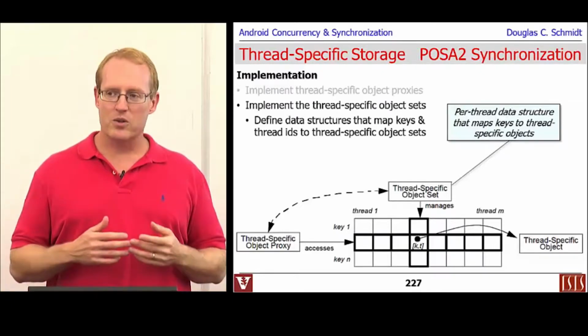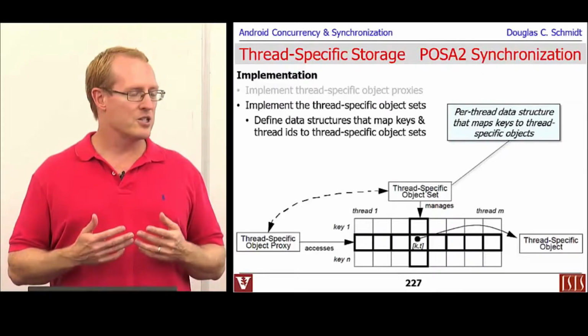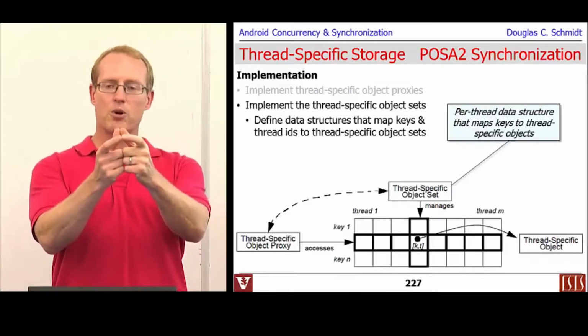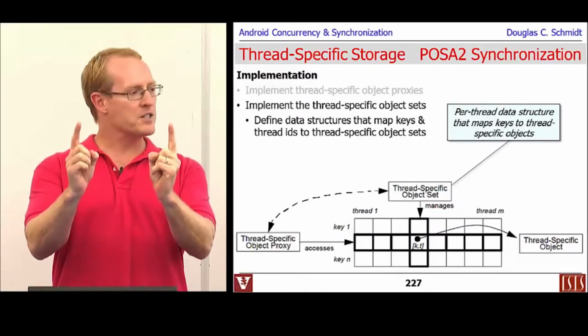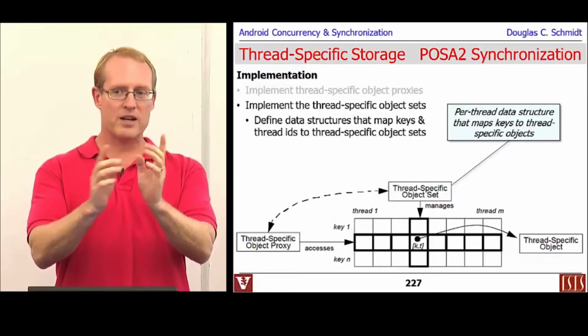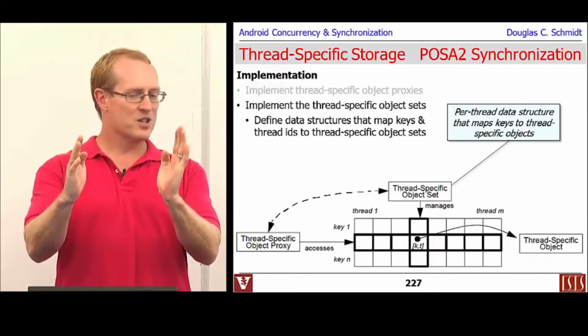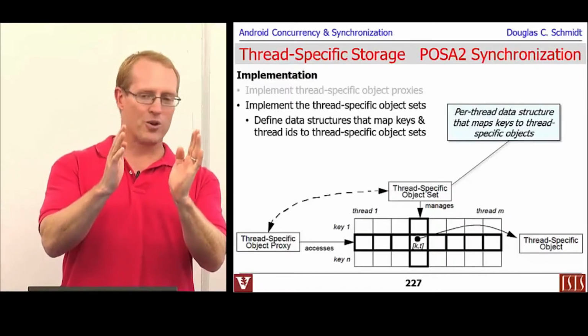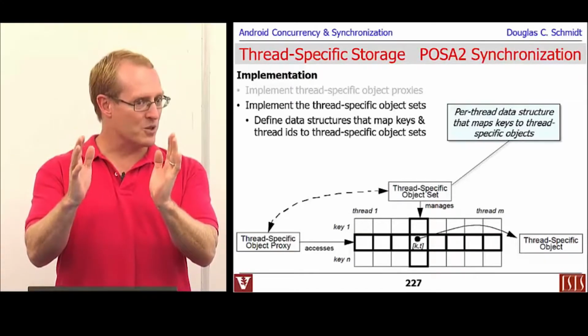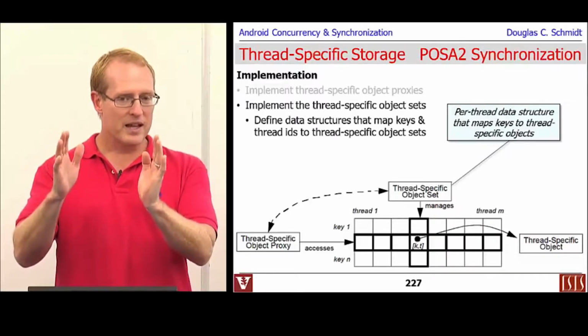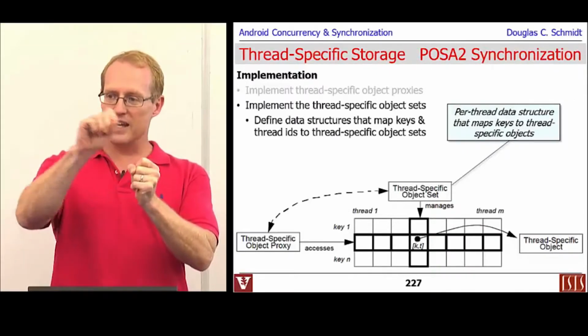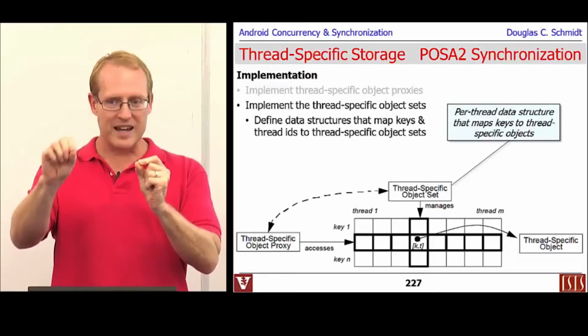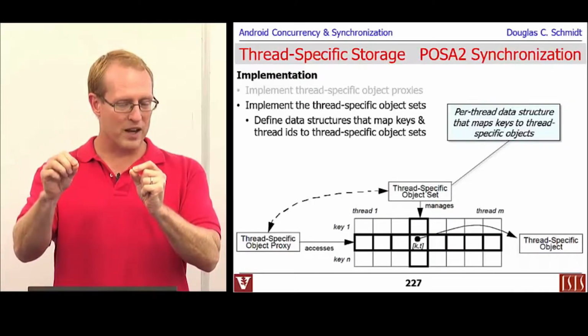Typically, the most common way to do it is you have this data structure on a per-thread basis. If you have a fixed number of thread-specific objects per thread, you might have an array of 64 or 32 thread-specific slots you can store thread-specific objects in. The nice thing about that is it's super fast, because the key is just an index into that table or array or vector.